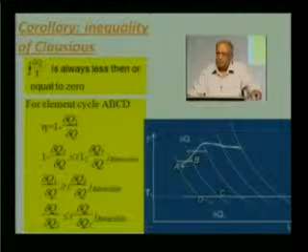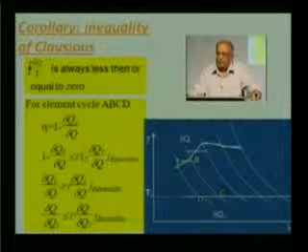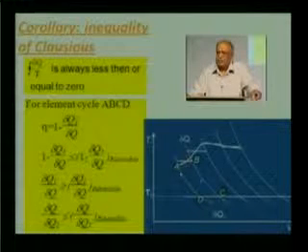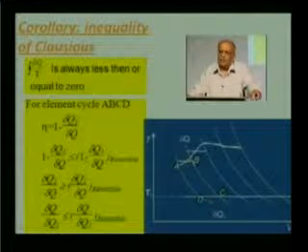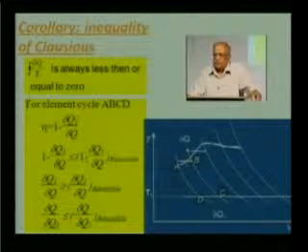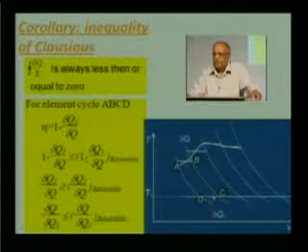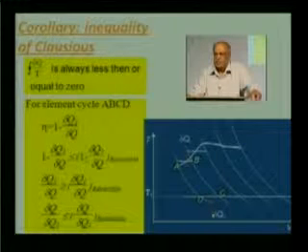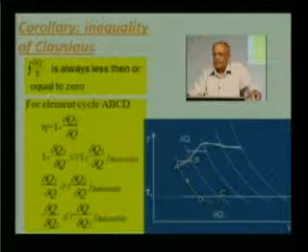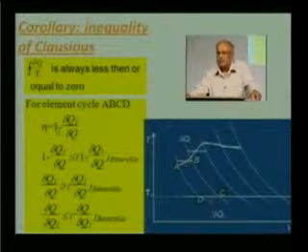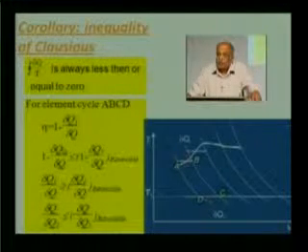The first elemental cycle from A to B is replaced by two adiabatics AD and BC and an isotherm from A to B. Now, a certain quantity of heat equal to dQ is supplied at temperature T, and heat rejected has been shown here as dQ1 at temperature T1, and for this cycle A, B, C, D, we can write the efficiency as 1 minus dQ1 by dQ from the first law of thermodynamics, or from the second law of thermodynamics.